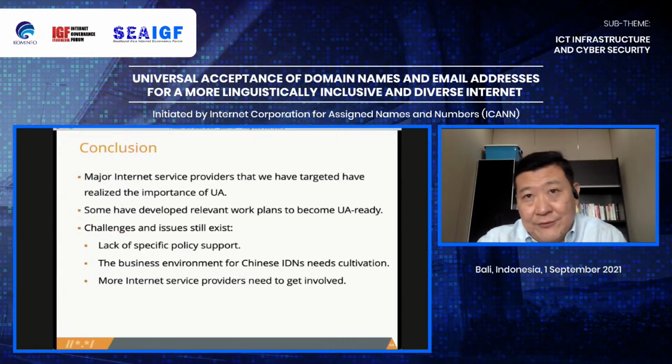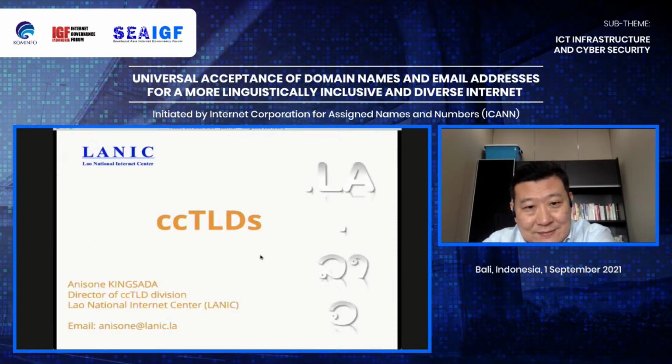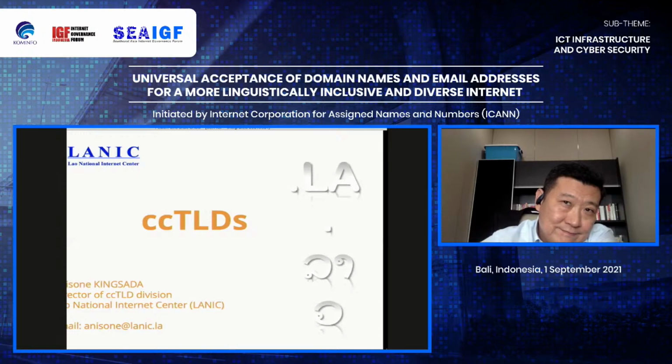So I think there is still a long way to go for a 100% UA-ready environment for IDN in China. Next one, please. I think that's the end. Thank you, everyone.